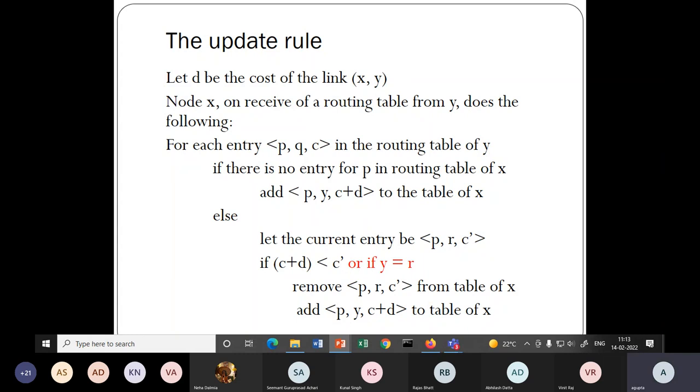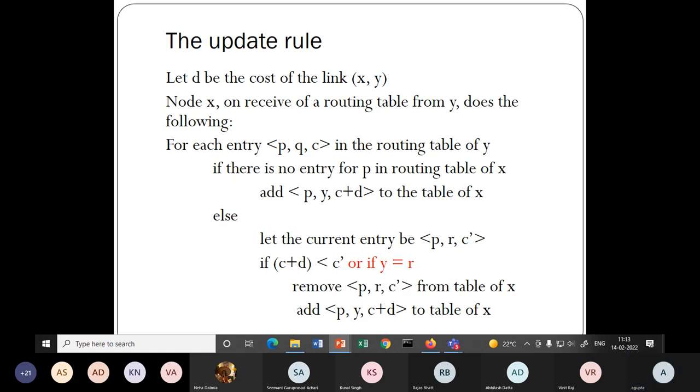There are two possibilities: either the destination for that entry is in my table already or it is not. If it is not, that's a simple case. It's telling me that the neighbor knows a route to some destination that I still don't know of, so I will just add that route with that node as my next stop.